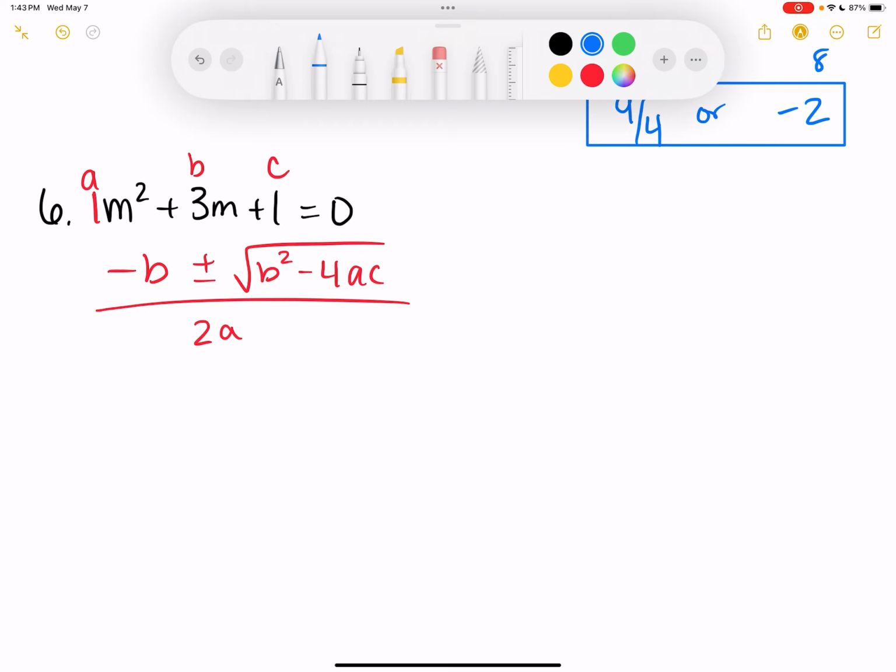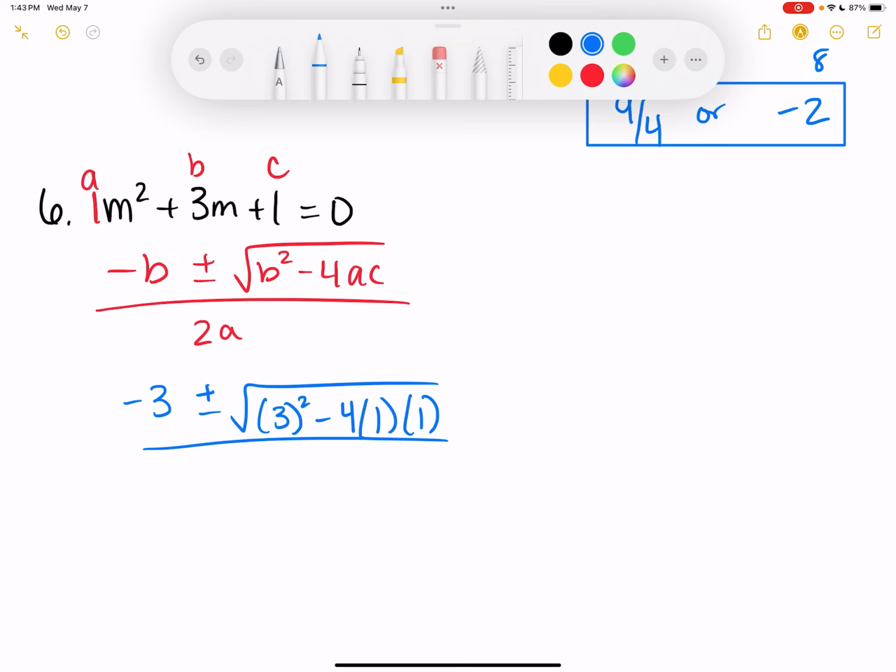So then we've got negative b, which is negative 3, plus or minus the square root of b squared. So that's 3 squared minus 4 times 1 times c is 1, all over 2 times 1.